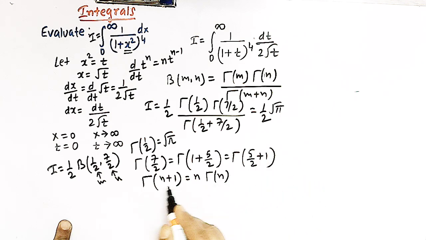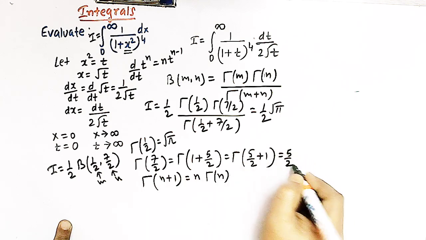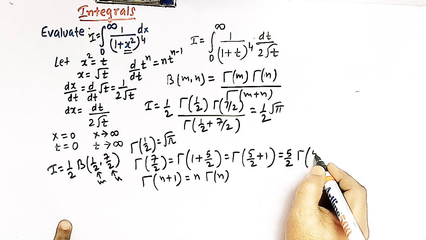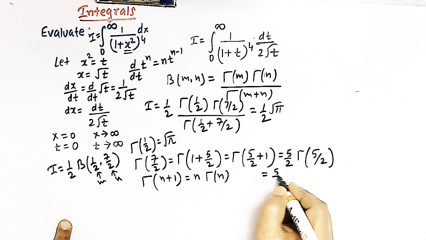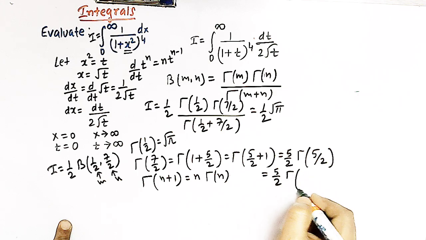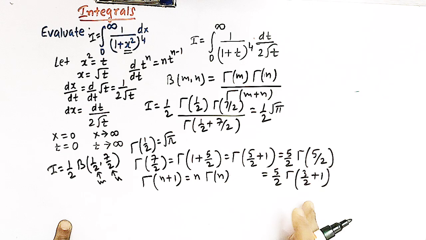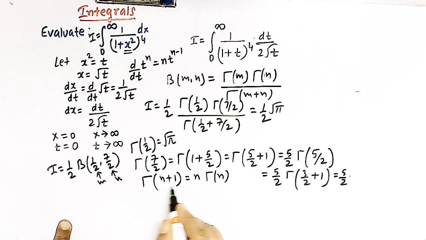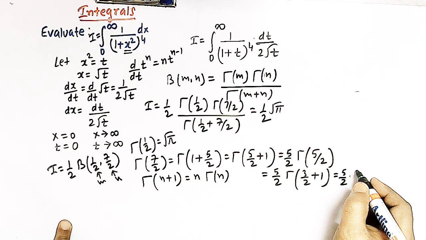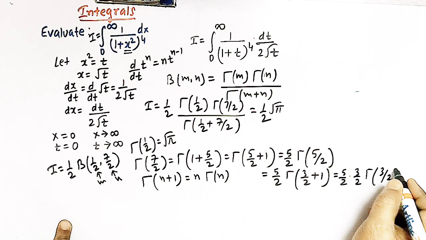So here the value of n is 5 over 2, so we have 5 over 2 and gamma 5 over 2. Now further we can split gamma 5 over 2 as 3 by 2 plus 1, and again applying this result we have 5 over 2, and here now the value of n is 3 over 2, so we have 3 over 2 and gamma 3 over 2.